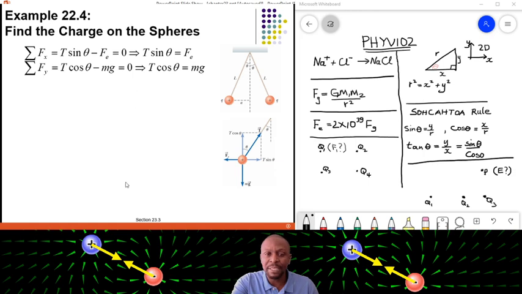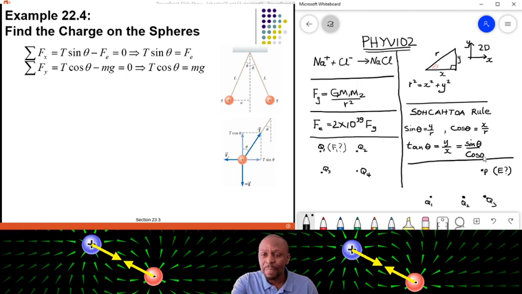But from the trig functions that I've already written for you on the whiteboard here, remember, the tangent of theta is given by sine theta divided by cos theta.